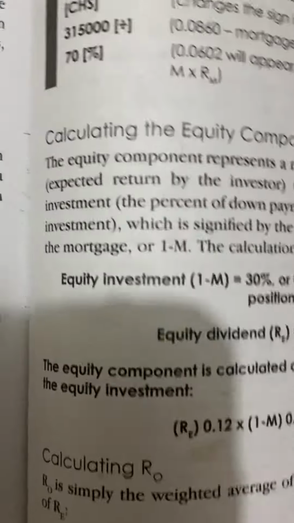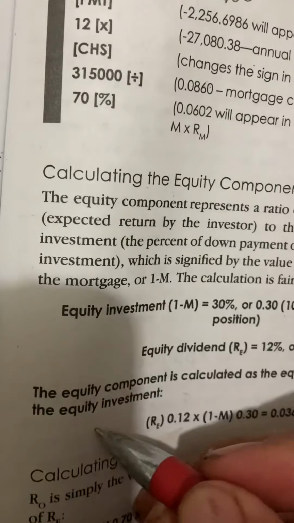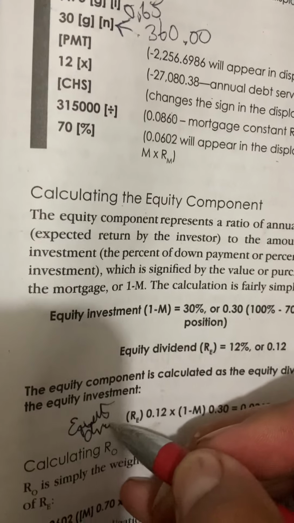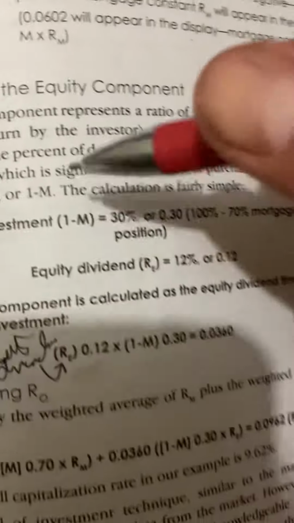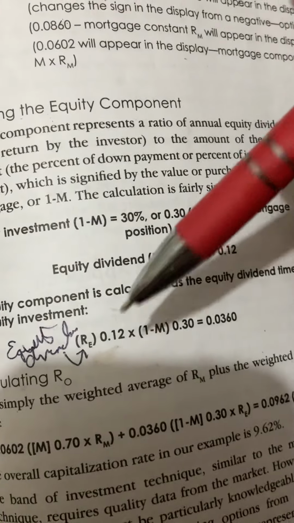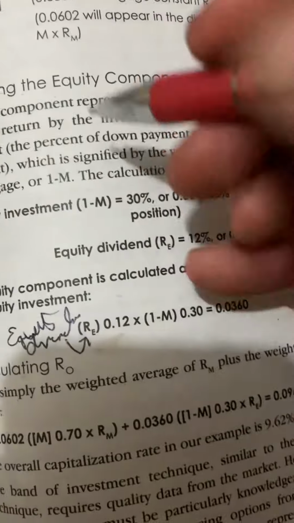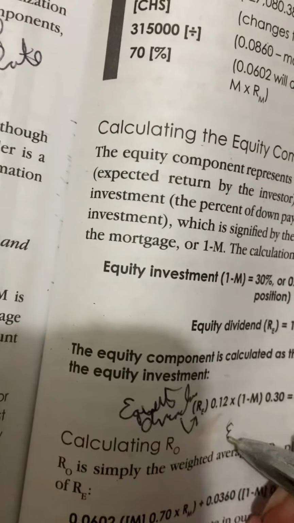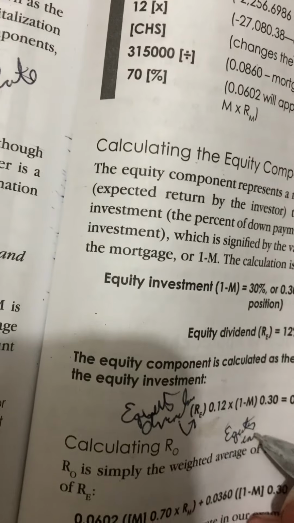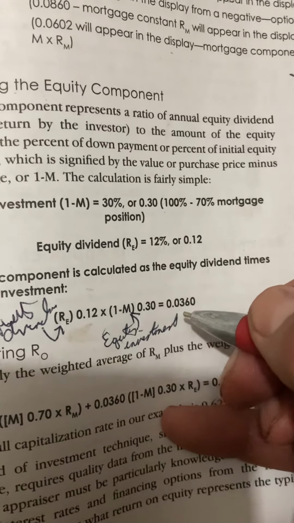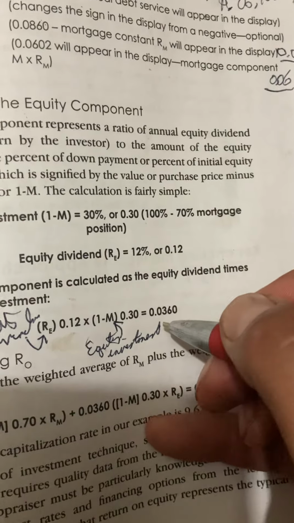Equity dividend, which is 0.12, times the equity investment, 0.30, equals 0.0360.